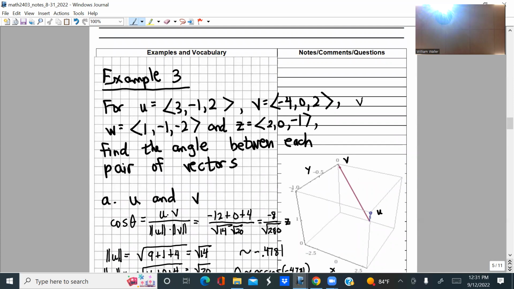Here's V and Z. So V and Z, their dot product is going to be what? -4 times 2 is -8, right? And then plus 0 times 0, plus 2 times -2 is -2, right? This is -8. So this is a -2. So that turns out to be -10.